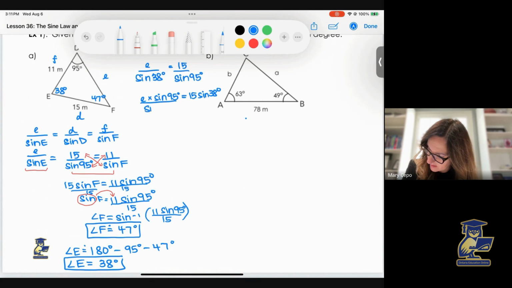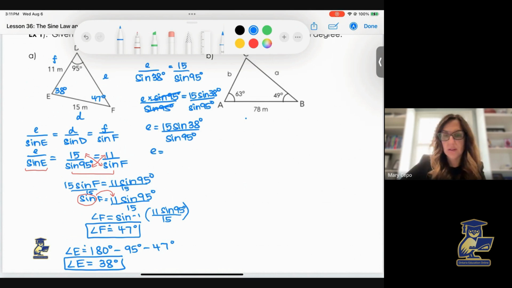Divide this by sine 95. What I do to one side, I do to the other. So E is going to equal 15 times sine 38 degrees over sine of 95 degrees.